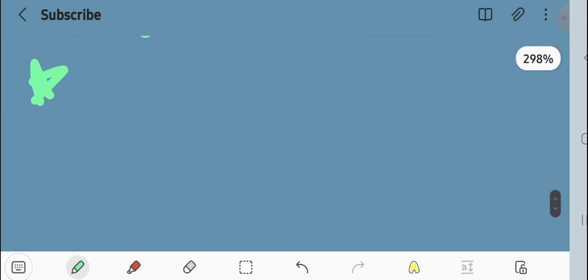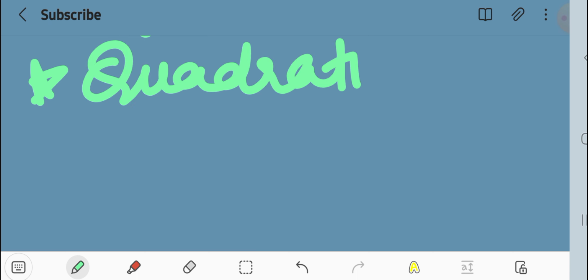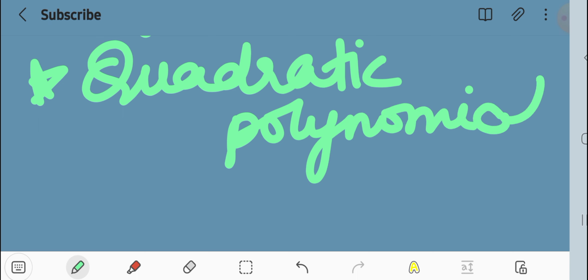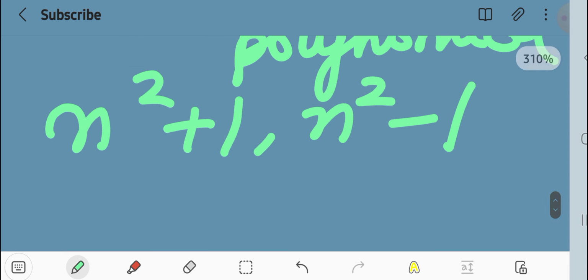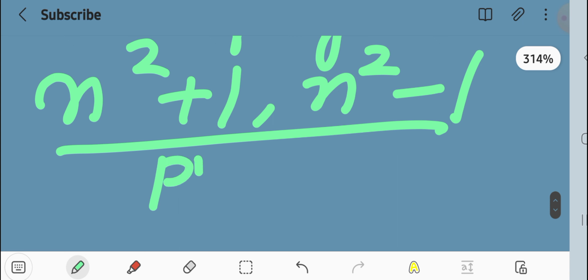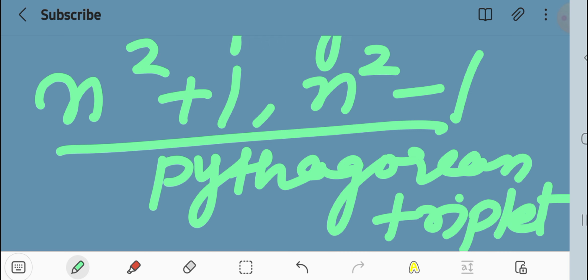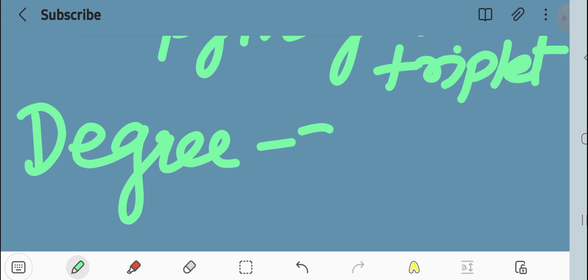The next type, quadratic polynomial, which is, for example, n square plus 1, n square minus 1. Yes, it's a Pythagorean triplet, which is also an example of a quadratic polynomial, which has the degree 2.